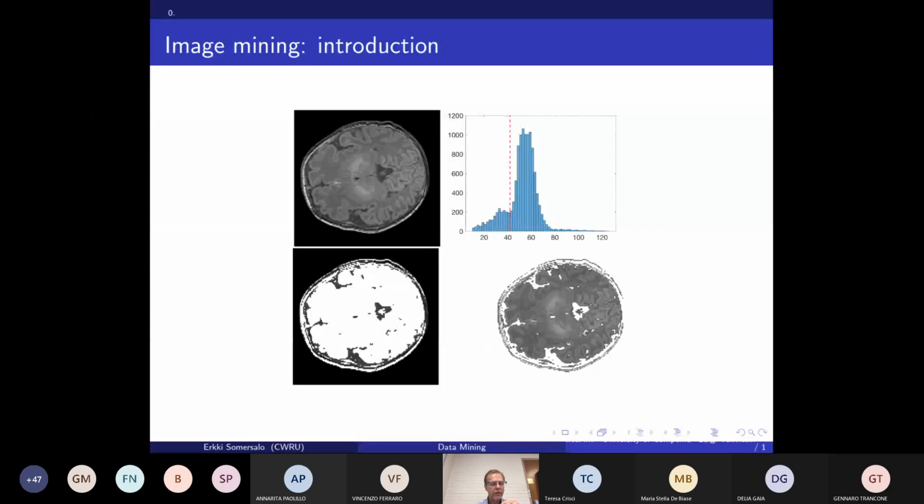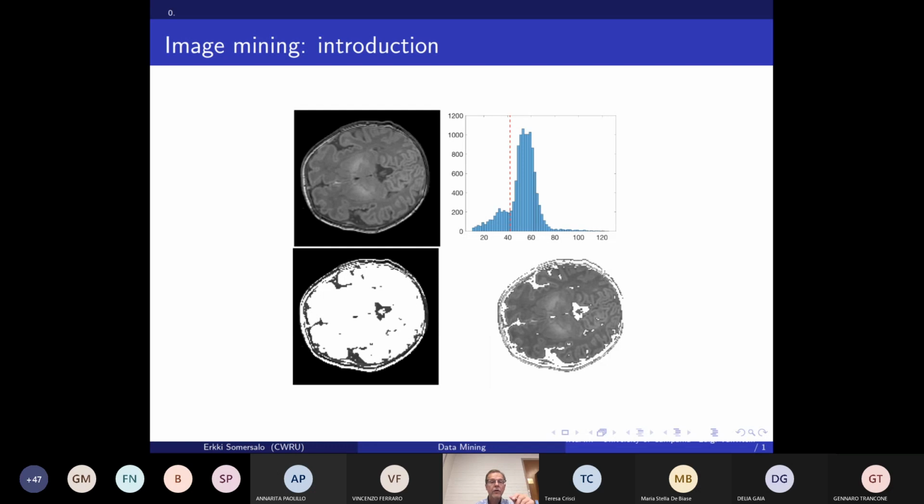MRI makes perfect, beautiful images, but the pixel values per se are maybe not so informative. One big issue in MRI is to make it quantitative so that the pixel value would tell you what you are looking at. That's important, for instance, when you are looking for tumors. You would like to know whether an inclusion is a tumor or not.